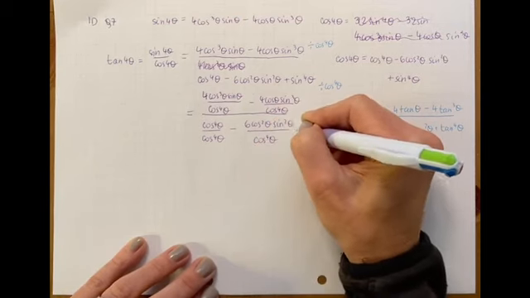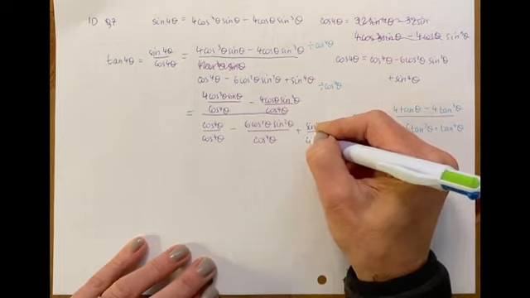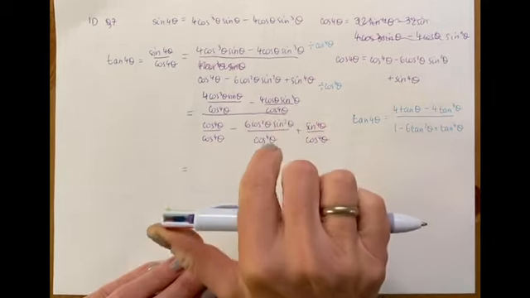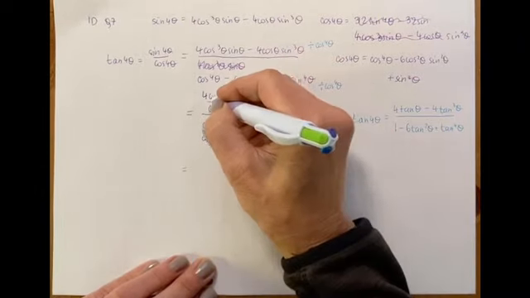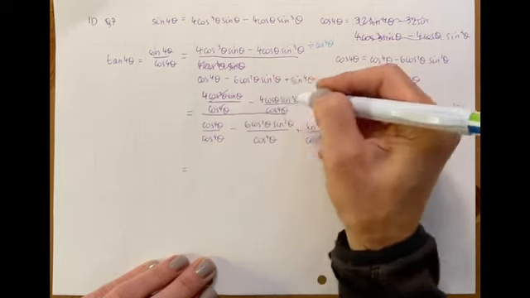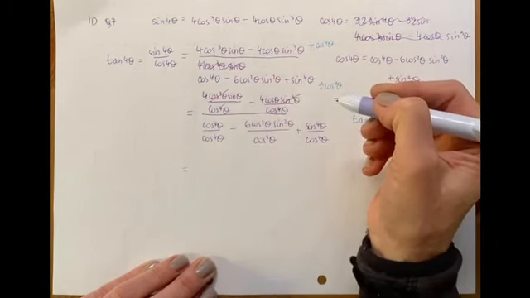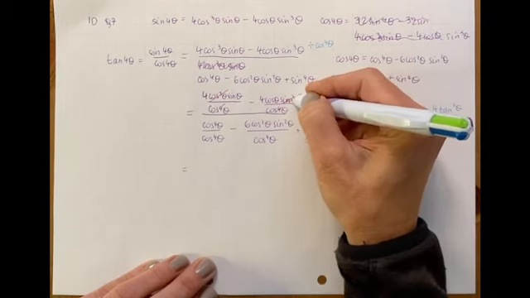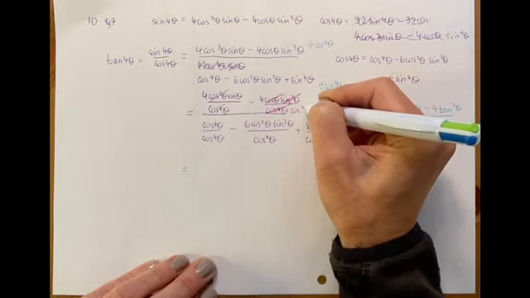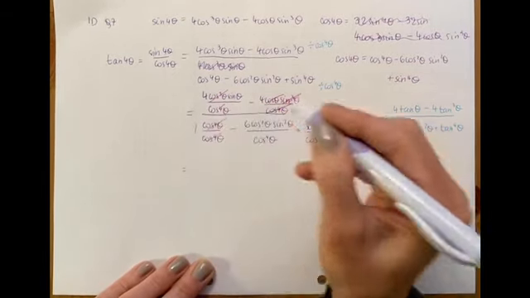It's a bit tedious to write it all out, but I don't take any shortcuts, I just write this line in. Now you just need to cancel the common factors. Cos cubed here will go. You've got cos theta left, you've got sine cubed, and you've got cos theta. Oh dear, you will have cos cubed left. That cancels, so you've got 1 left.